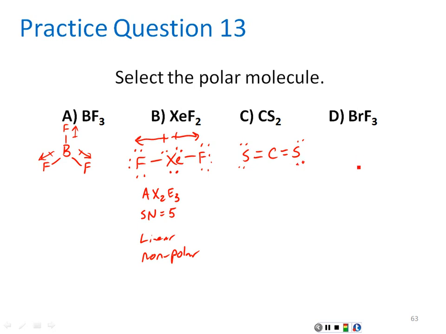Finally, by the process of elimination, we can consider bromine trifluoride is going to be the answer. But let's look. So here's our Lewis structure.